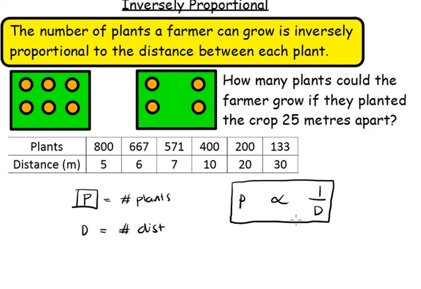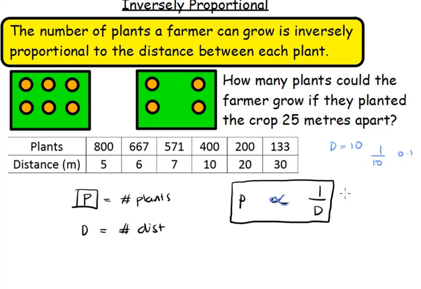Now this is really annoying because it's the same symbol. The only difference is that when it's inversely proportional, the one on the right will be 1 over something. But if you think about it logically, I'm just making this up, but if I make D equal to 10, then 1 divided by 10 is 0.1.